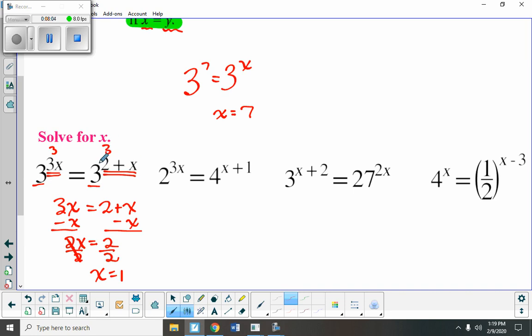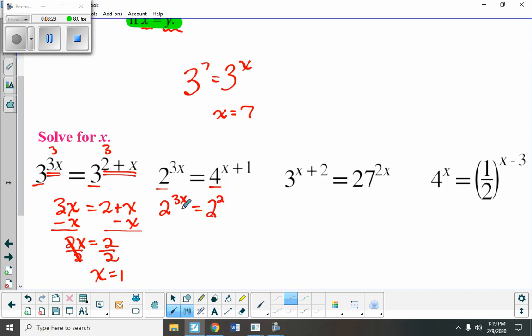Now, if you'll notice in the next equation, you don't have the same bases, so we can't just set the exponents equal to each other right away. However, if you look at the numbers 2 and 4, 4 could be written with a base of 2. So we're going to leave the left side the way it is, and instead of 4, we're going to write 2 squared because that equals 4.